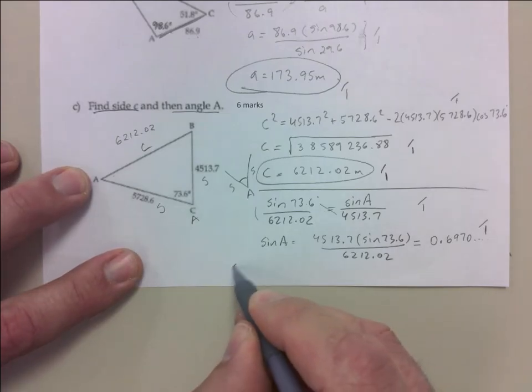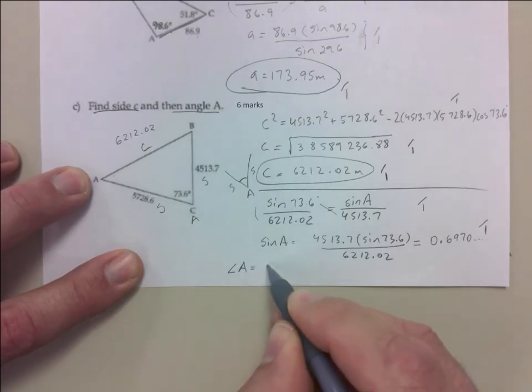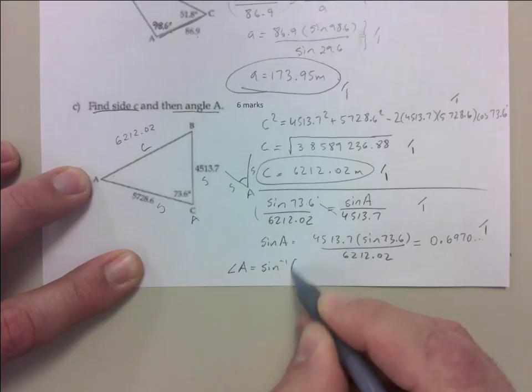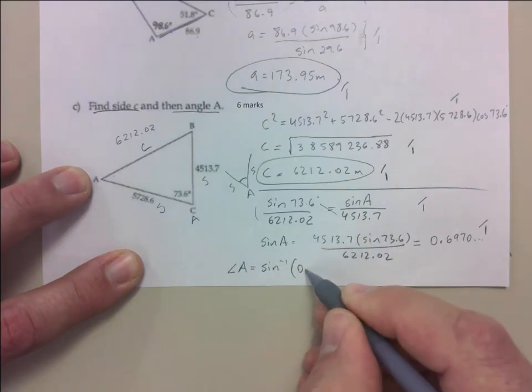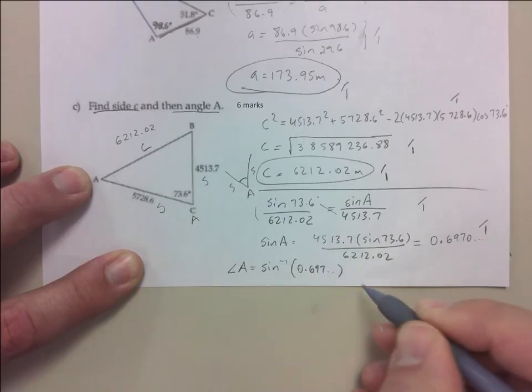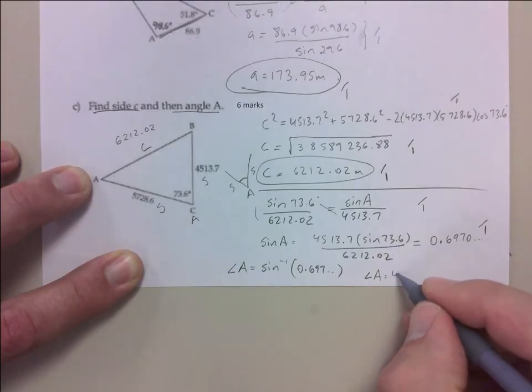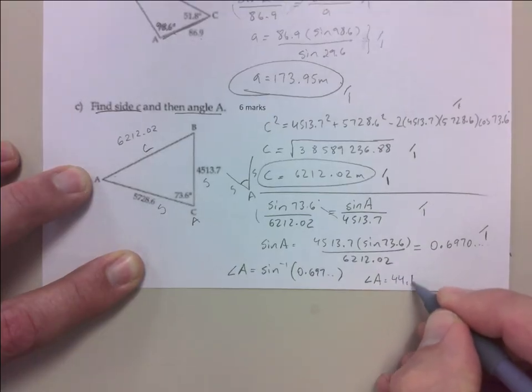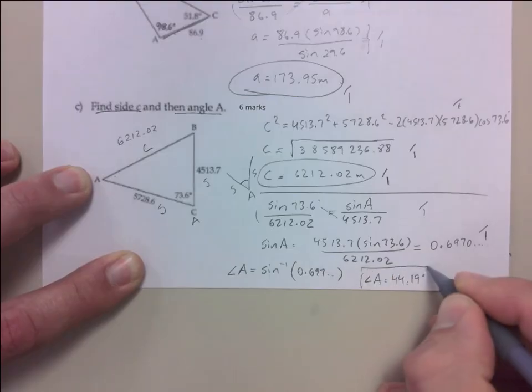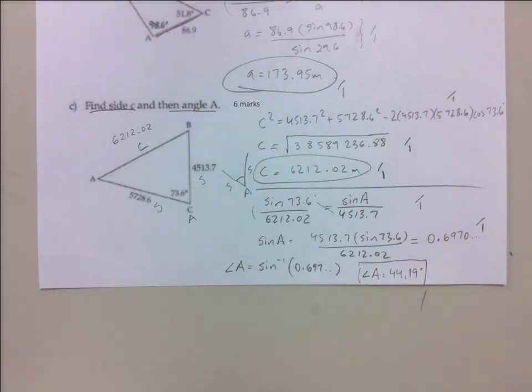And then the last step is angle A is sine inverse of this. And so angle A is 44.19. And check.